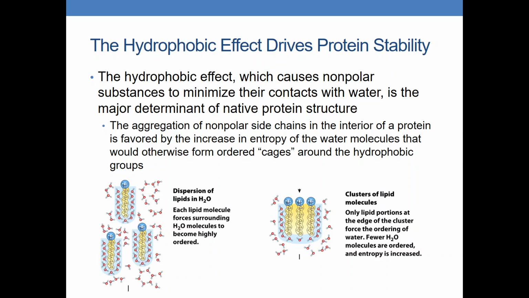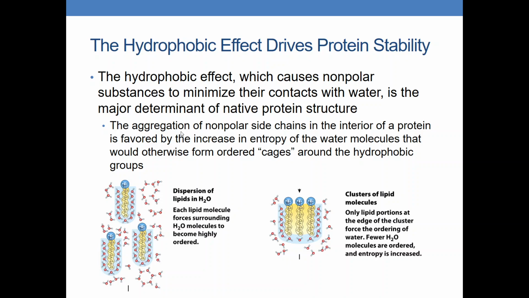And this is the consequence of the hydrophobic effect. We're trying to minimize the required ordering of water molecules. So by making those nonpolar side chains largely solvent inaccessible, we don't have to worry as much about that entropic cost that would be associated with the hydrophobic effect.